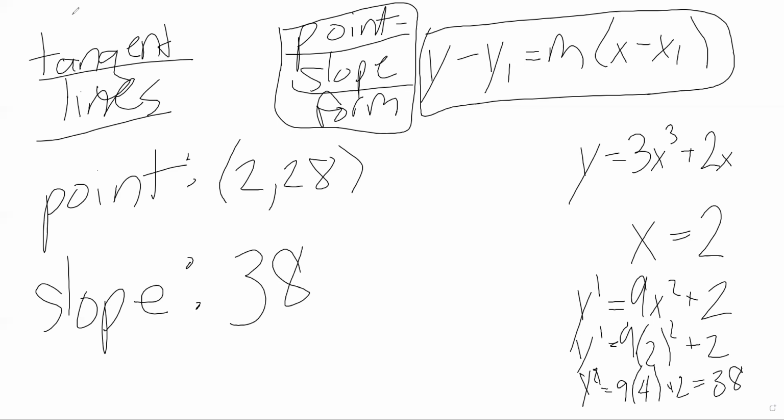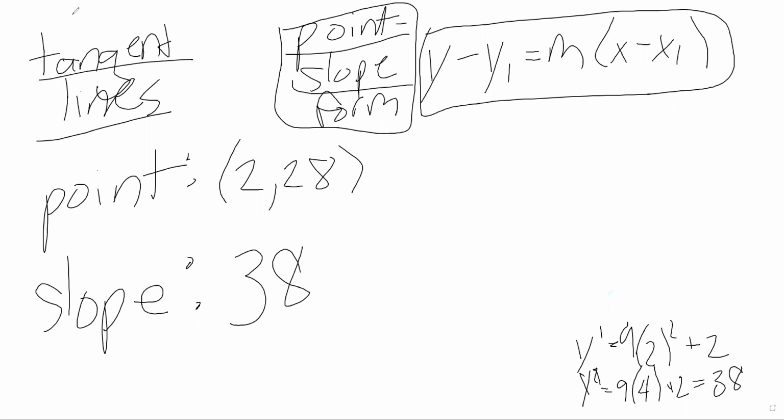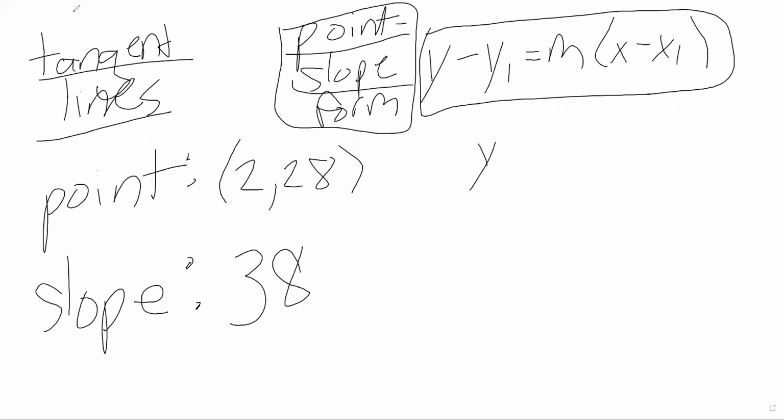Now once you have your point and your slope, you can go back to this equation, y minus y1 equals m times x minus x1, and plug in y minus 28, remember, because this would be y1, this is x1, and this is our slope.